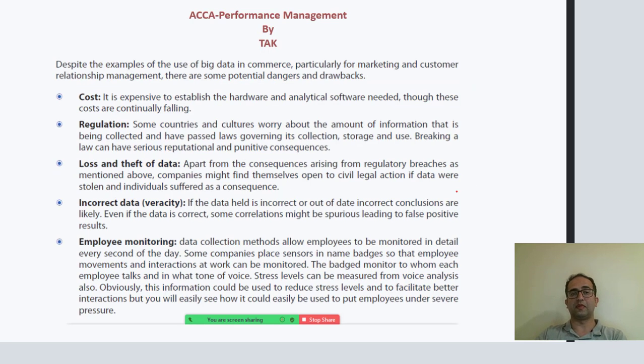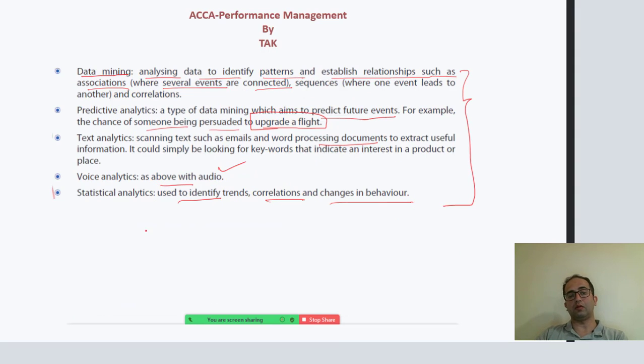Now, why are we discussing big data in the current scenario? Because we as management accountants, as decision makers, as performance managers, need to devise a system and correlate how the data is collected and how we will go about analyzing the data.